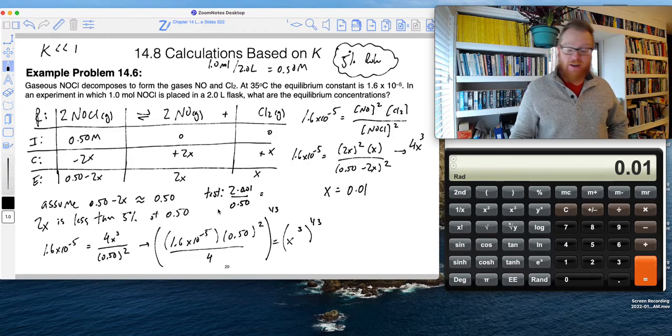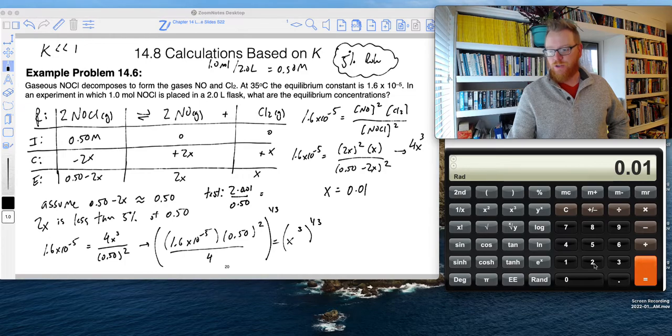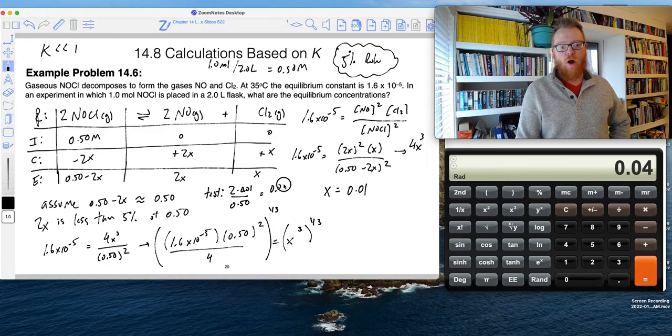If this number is less than 5%, then our assumption is good. So 2 times 0.01 equals 0.02, divided by 0.5, and that equals 0.04. And recall, that is the same thing as 4%, so our assumption checks out.